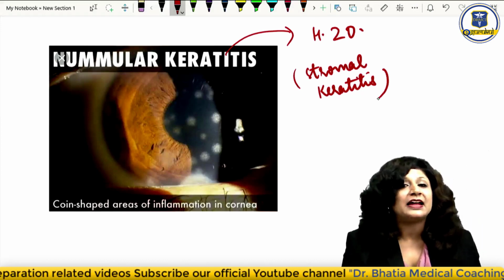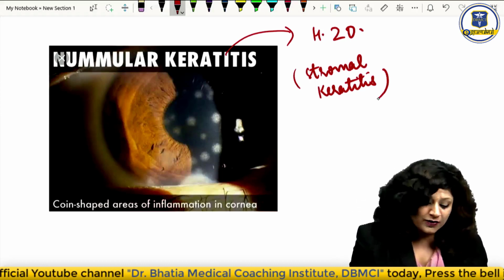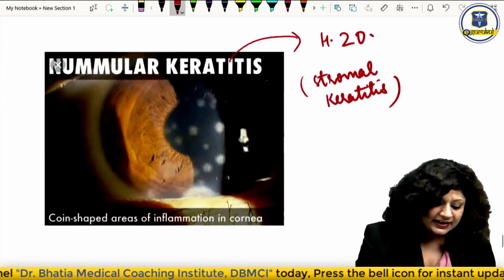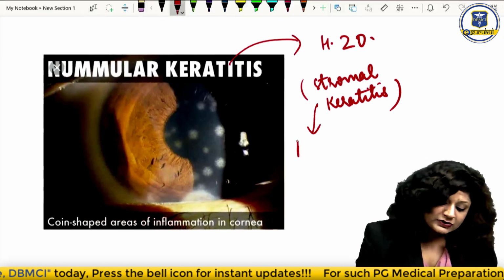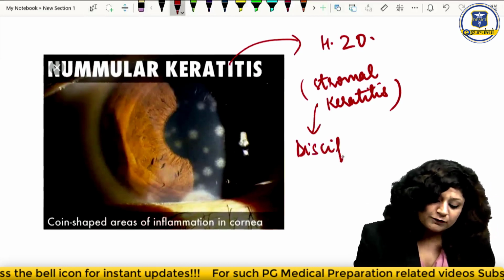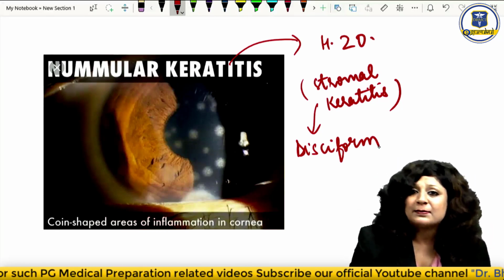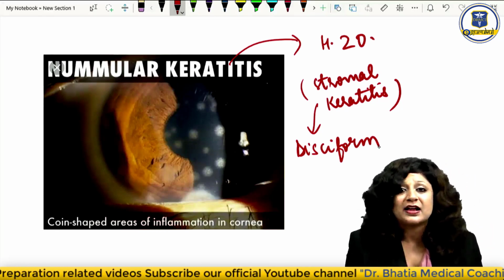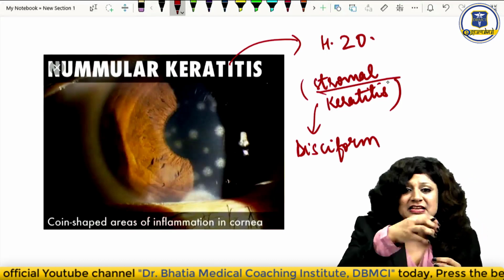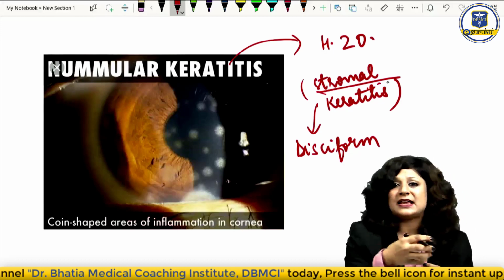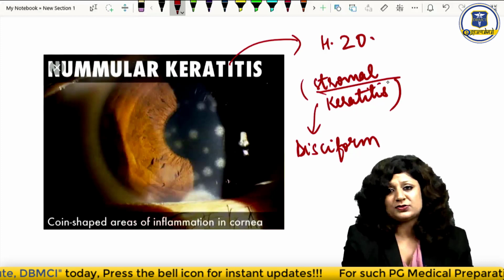This nummular keratitis, which is typical of herpes zoster, is the stromal keratitis, where you are getting these coin-like areas. Can you see? We are getting the disc-like areas. It is stromal keratitis, which is also called disciform keratitis. So in the stromal keratitis, we are getting coin-shaped, disc-shaped areas found in the stroma, surrounded by stromal haziness. This nummular keratitis is typical of herpes zoster.